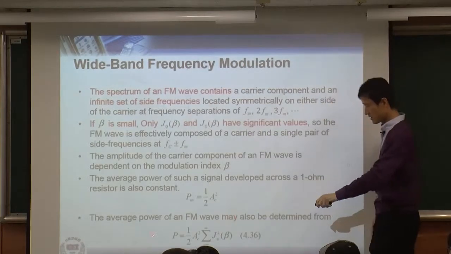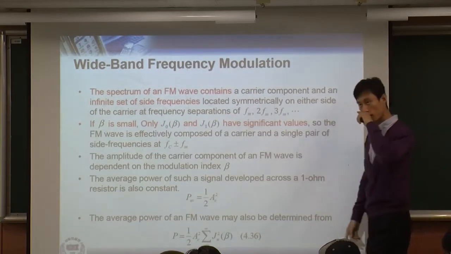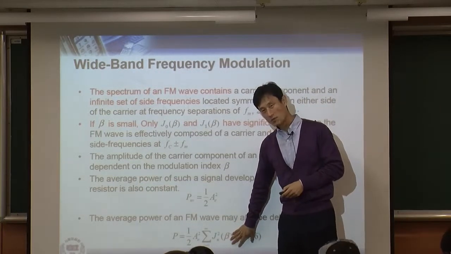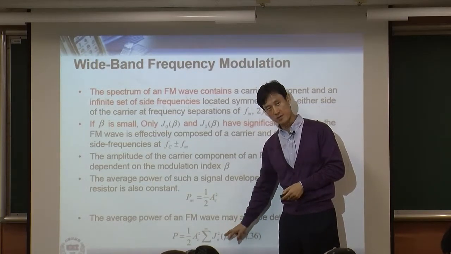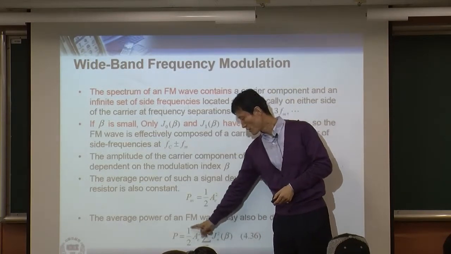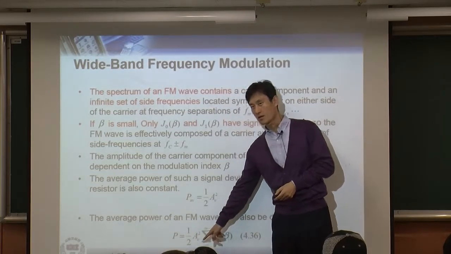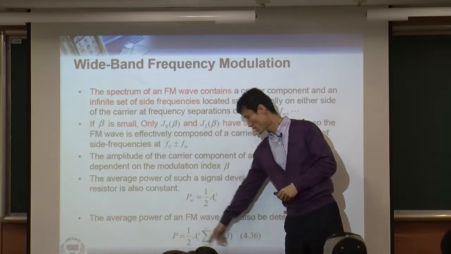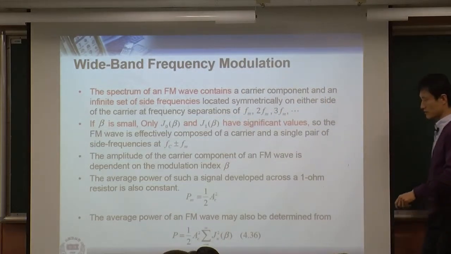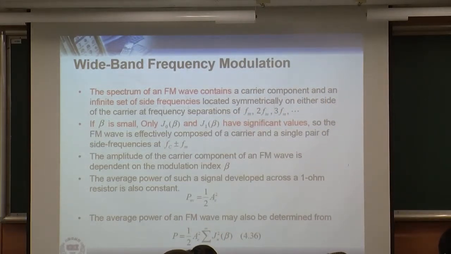You see this one is the square of the Bessel function. You're going to have 1 over 2 because we have a cosine, and cosine squared is 1 over 2. So you multiply 1 over 2 and this function. So that's going to be simply the average power of the s(t) we are transmitting.